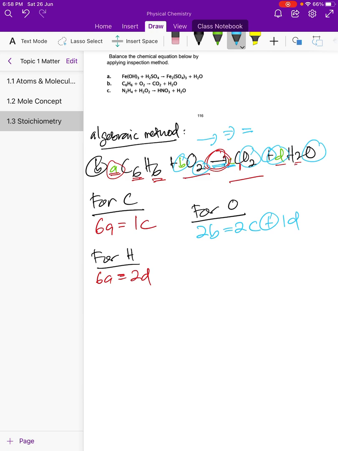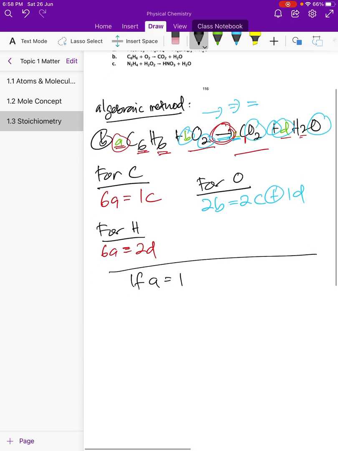Now we can try to solve it. So the solution starts with A equals to 1. We try to solve this one first. 6A equals to 1C.